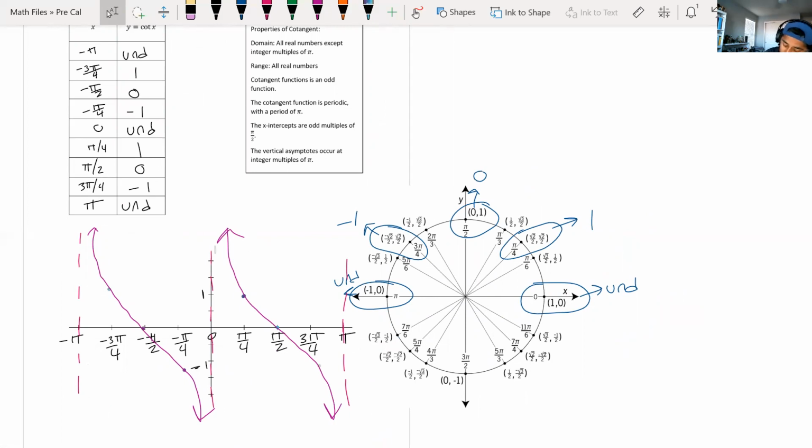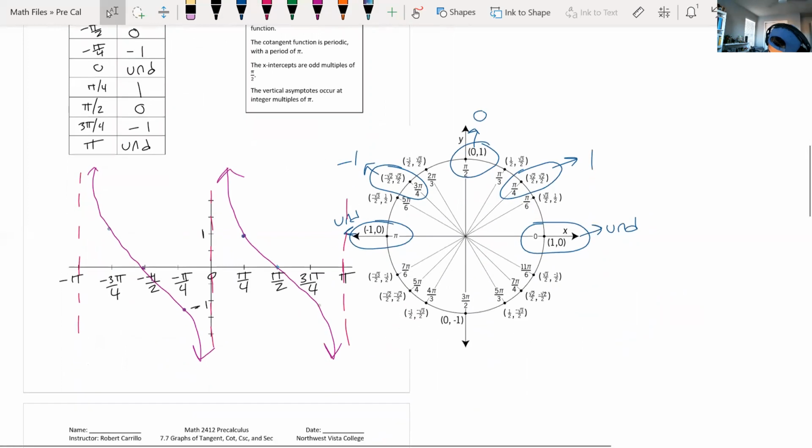Okay. So to write that, we would say the domain is x cannot equal pi k, where k is any integer.